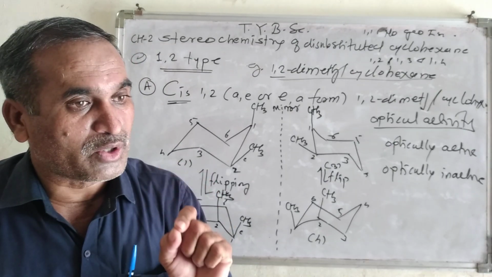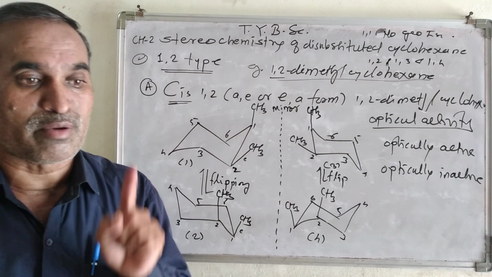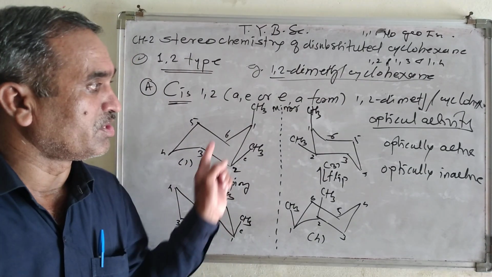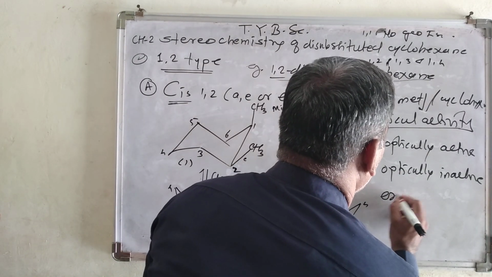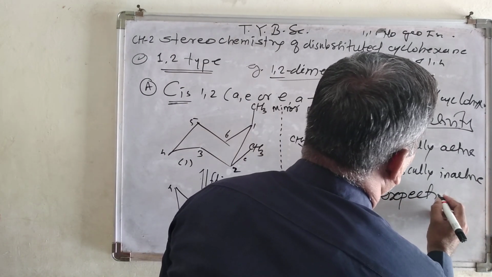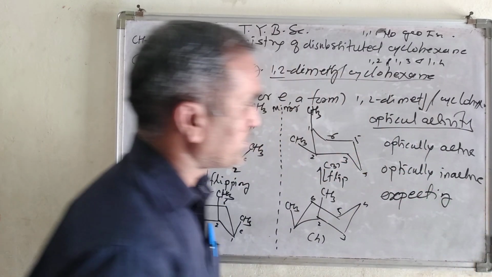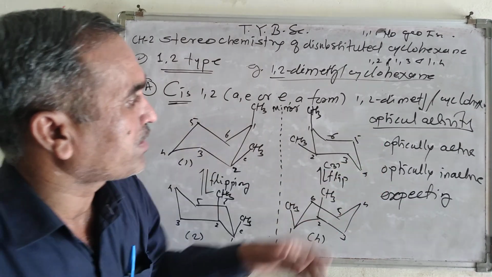If the compound does not show a plane of symmetry, that compound must be optically active in nature. This compound is expected, and I am expecting this compound to be optically active in nature.